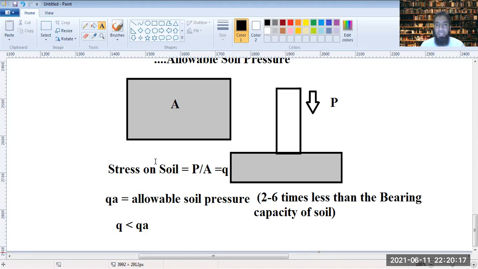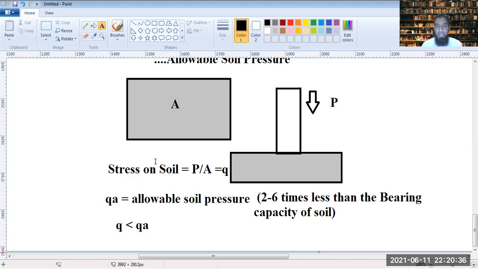It's based on two things: that the soil should not fail under any applied load, and that the settlements, both the overall settlement as well as the differential settlement of the soil, should be within the permissible limits.